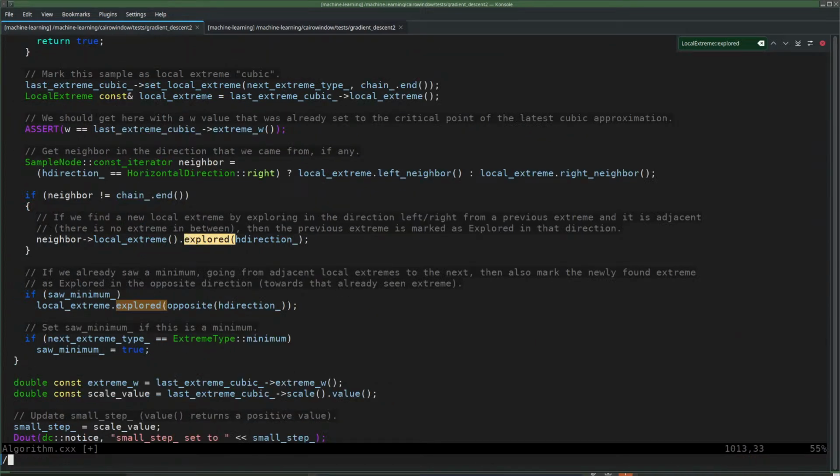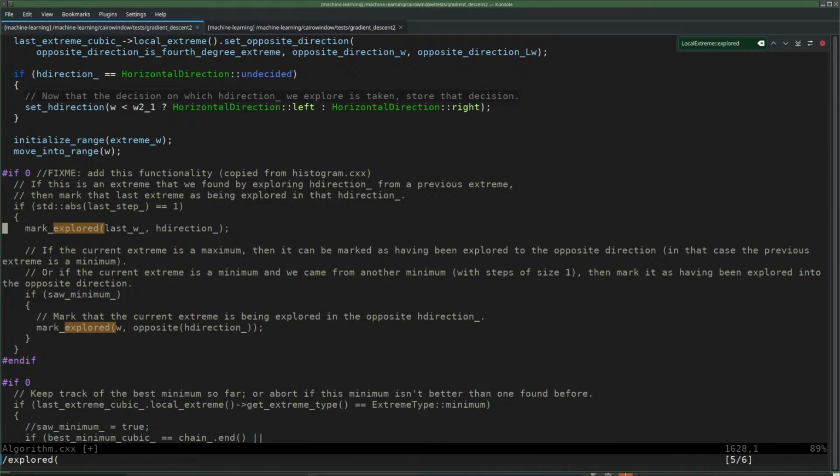Okay, and then you have comments here, or commented out. This is from histogram.cxx, so this is what I'm now implementing.